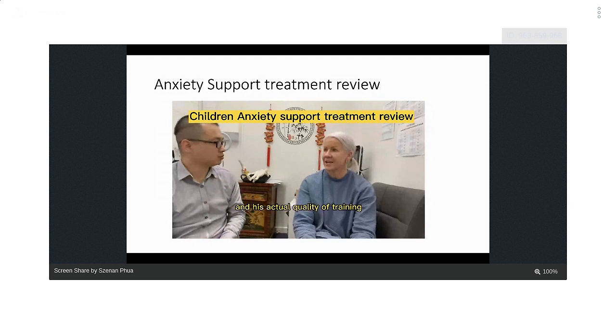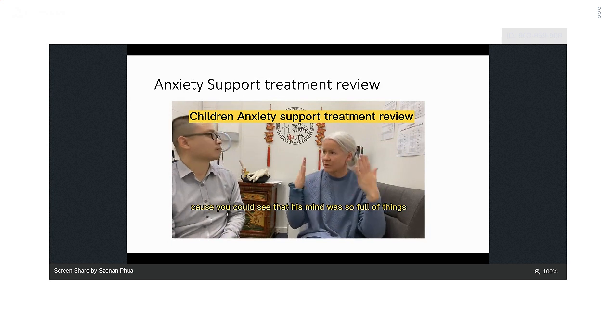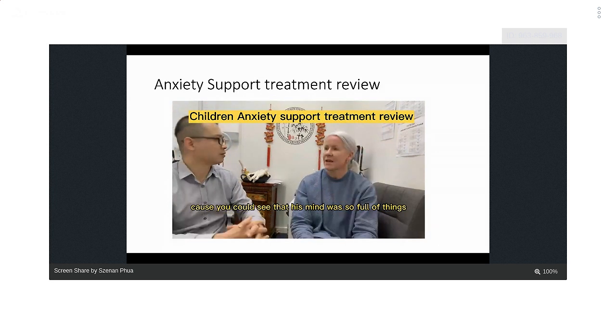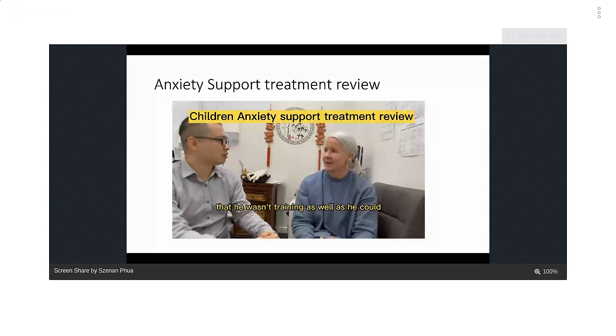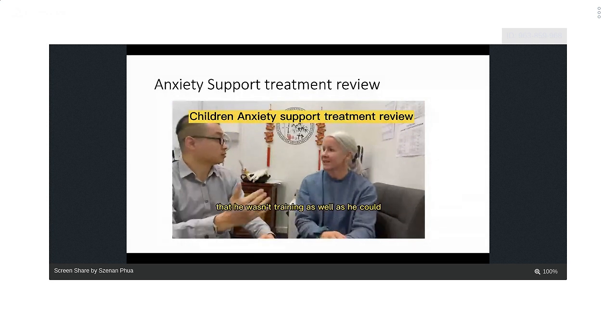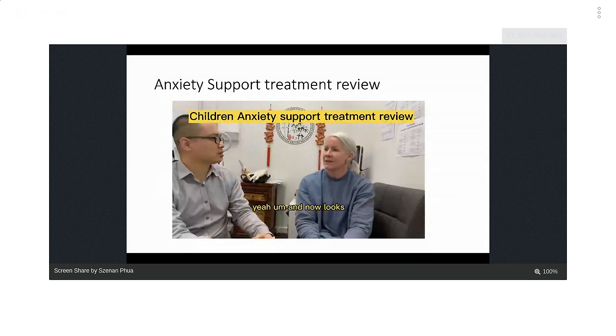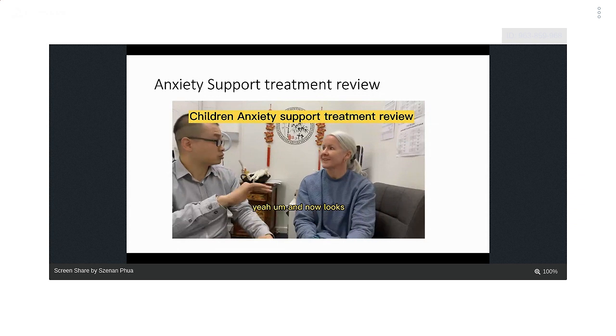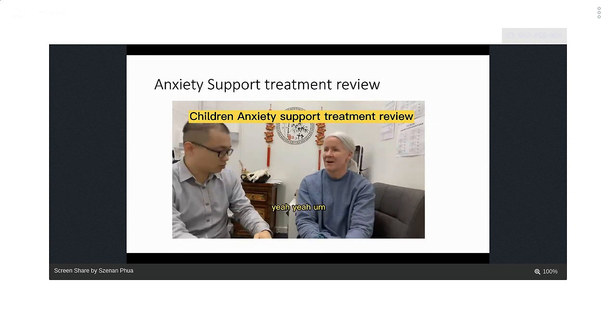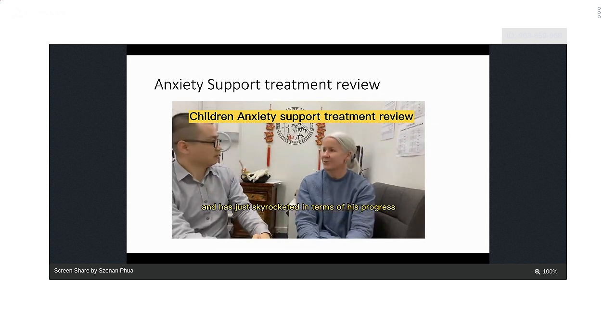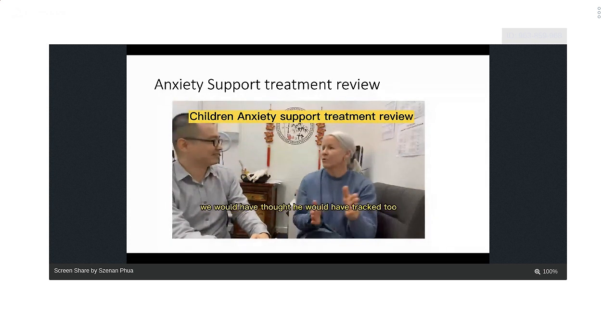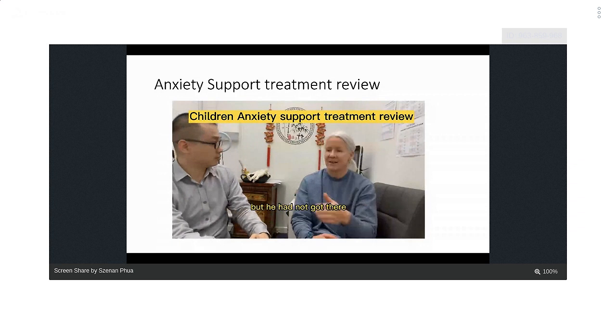And his actual quality of training, because that was the other thing, he'd go, but you could see that his mind was so full of things that he wasn't training as well as he could, and now it looks back to normal. And he has just skyrocketed in terms of his progress, to where we would have thought he would have tracked to, but he had not got there in the season.